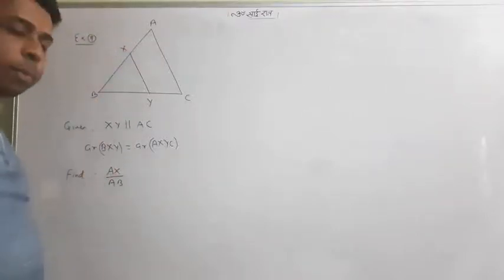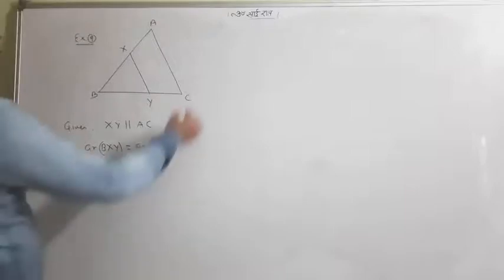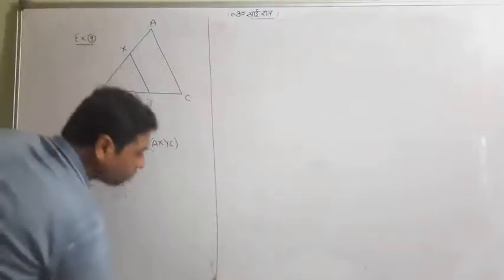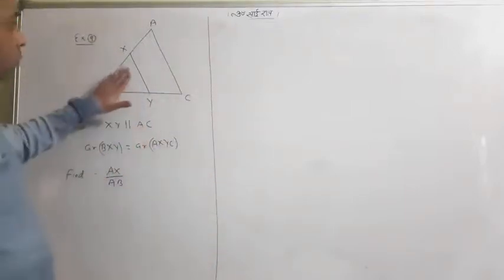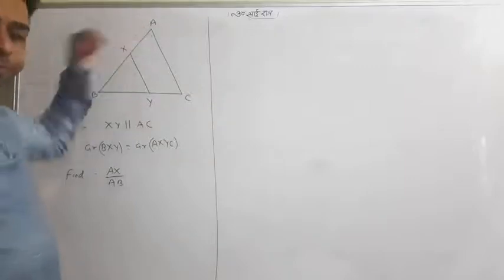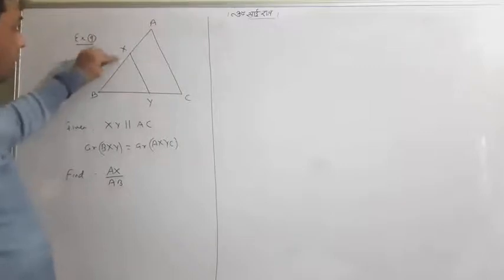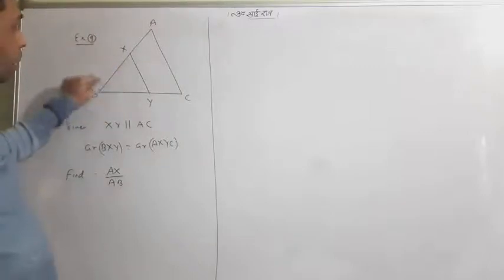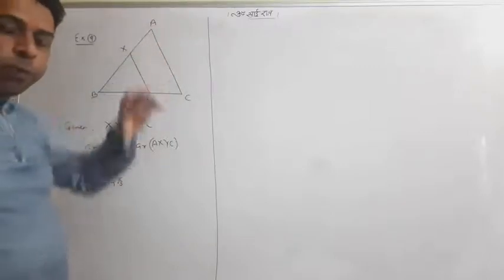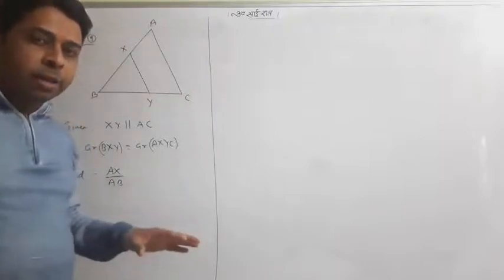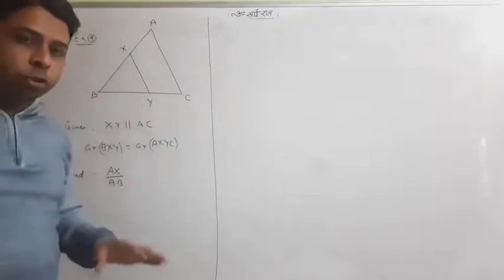So it's a very important question. Look at how I start this question. First of all, I see two triangles here. The first triangle is BXY. The second triangle is BAC. If you focus on these two triangles, both triangles are actually similar. Why is it so?